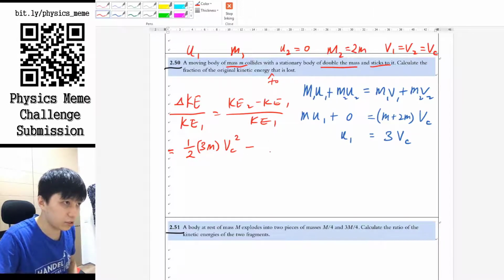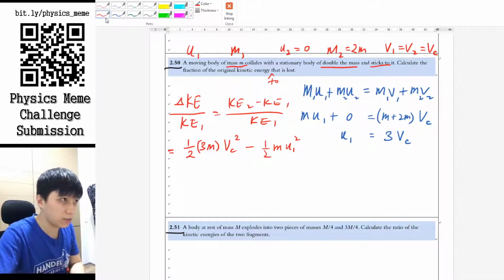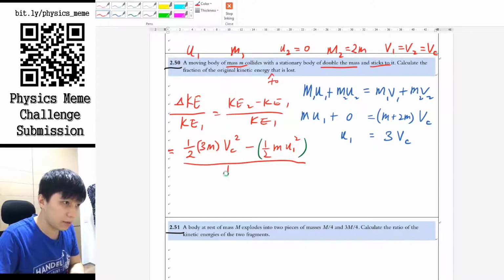So the original is just the first object, which is half M U1 squared. Okay, so this is the KE1, which is the same as the bottom of the fraction.